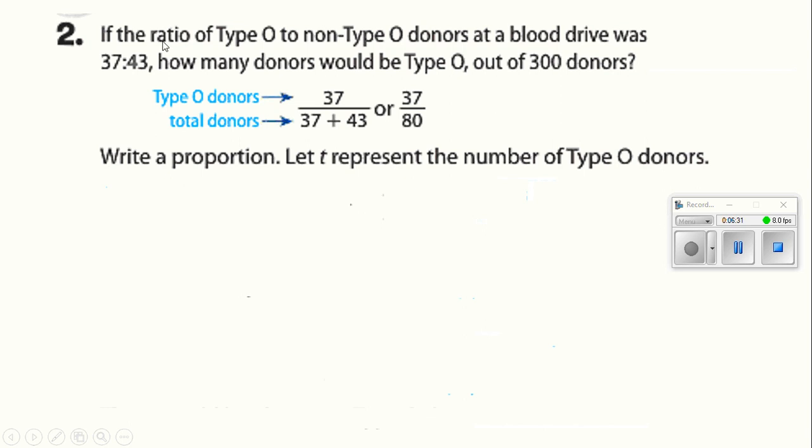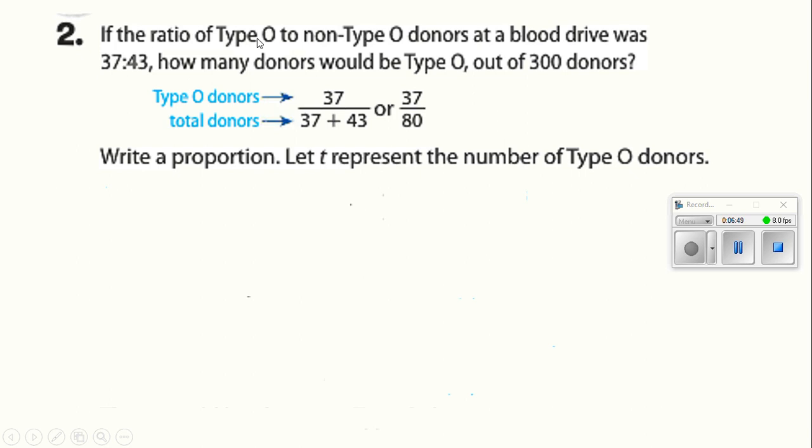Here's another example. If a ratio of type O to non-type O donors at a blood drive was 37 and 43, how many donors would be type O out of 300 donors? Well, let's first remember, we don't want to put 37 over 43.